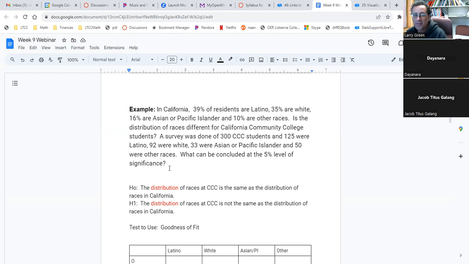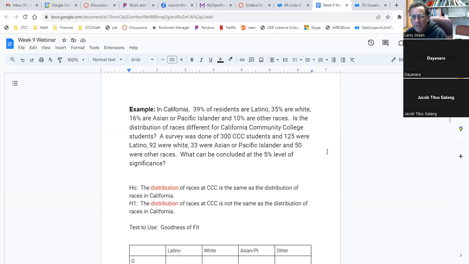Any questions? So as I mentioned, this is very different than testing between two means or a proportion, because here we have a lot of different choices. It's not the proportion of one thing. We got the Latinos, the whites, the Asian Pacific Islanders, and the other races. Okay, there's 4 different choices here, and they're all word answers.